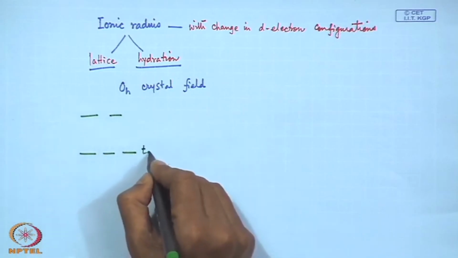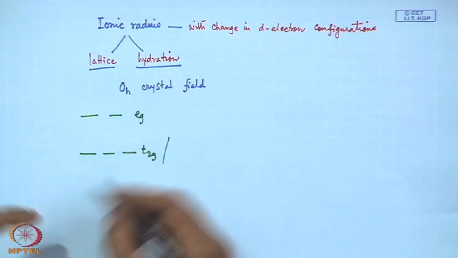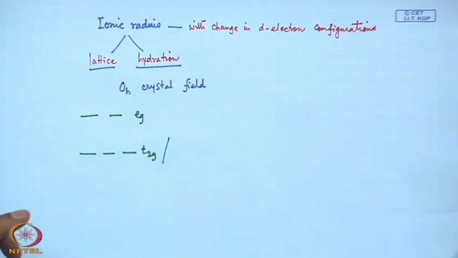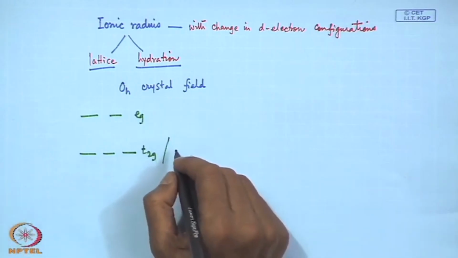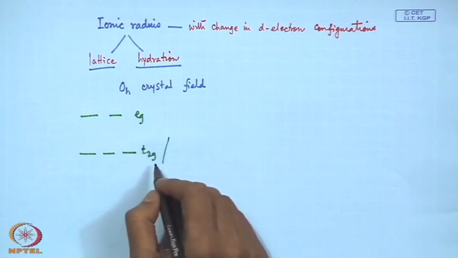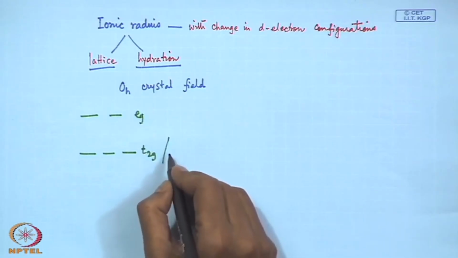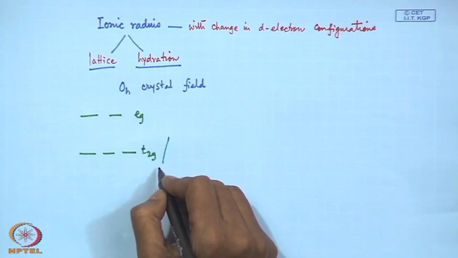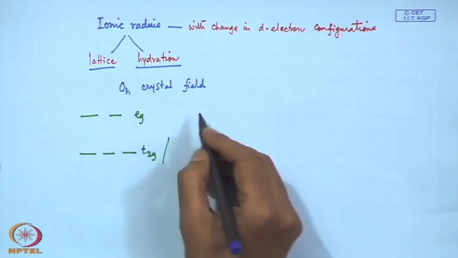So, this T2G set is intermediate between the two ligands. If the ligands are facing directly from the x, y and z directions, the orbitals are placed between x and y, between y and z, and between z and x. These are of different directions, but they are not facing the ligand direction.